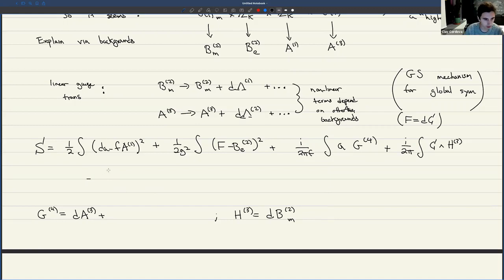So, okay, what do we do? I'm going to introduce X. X will be a 5 manifold, and the boundary of X is the physical spacetime.